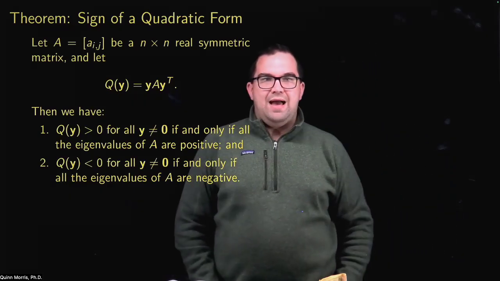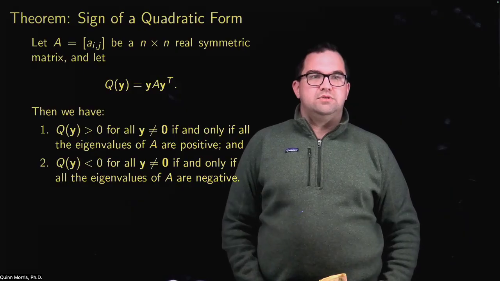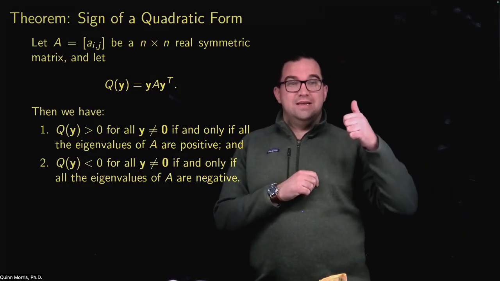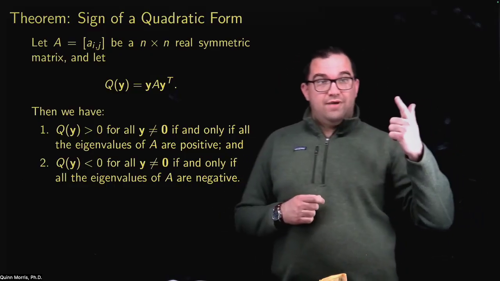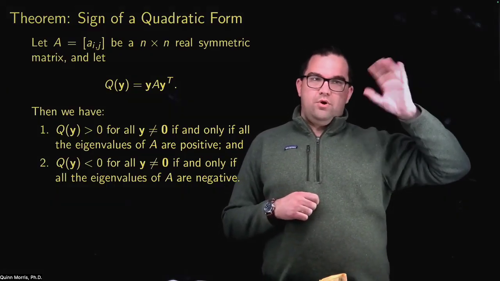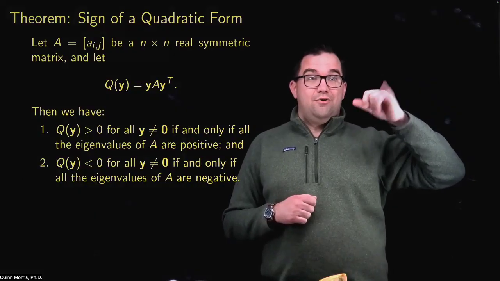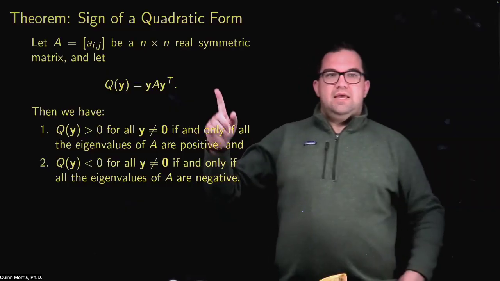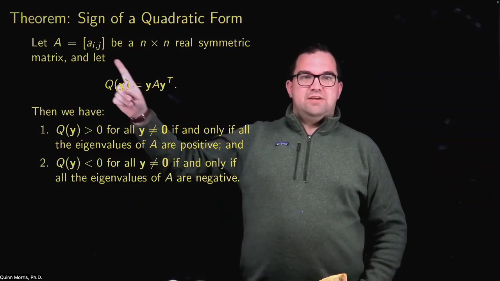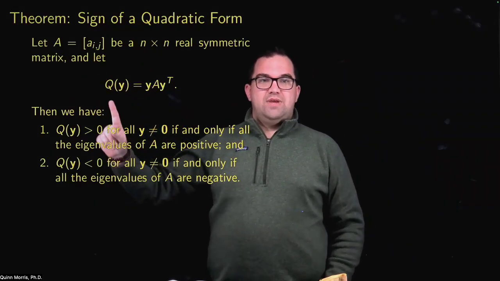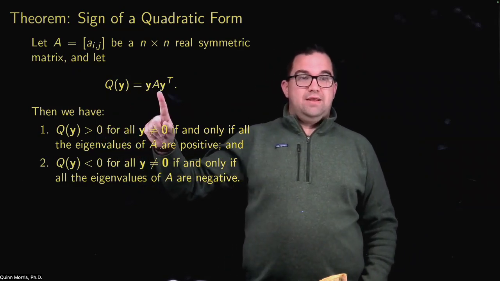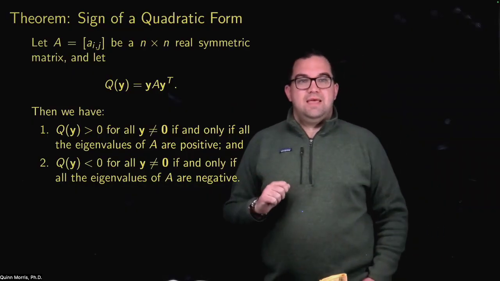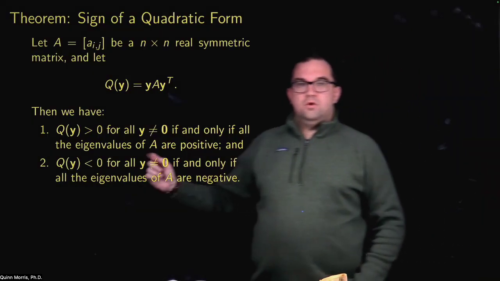Imagine you have an n by n real symmetric matrix. Notice that our Hessian satisfies all of those things. It is n by n, it's real valued, and because we're only working in the situation where Clairaut's theorem applies, that Hessian matrix is symmetric. So if you have an n by n real symmetric matrix A, and you take the quadratic form generated by A, so that's Y A Y transpose, then you have the following result.